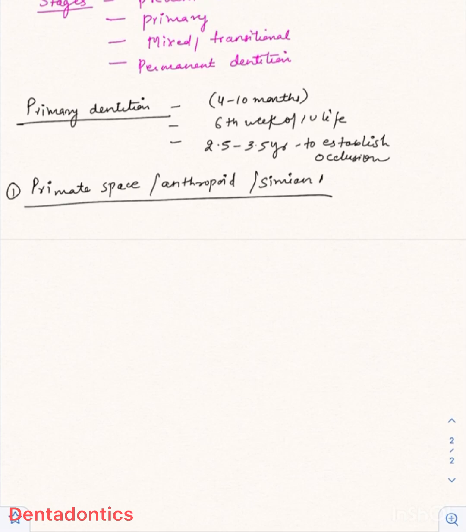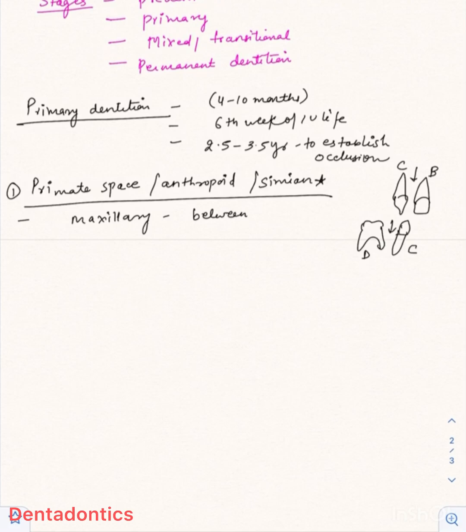Primate spaces are those spaces present between the primary maxillary lateral incisor and canine in the maxillary arch, and between the primary mandibular canine and primary mandibular first molar in the mandibular arch. So in the maxillary arch it is between B and C, and in the mandibular arch it is between C and D.